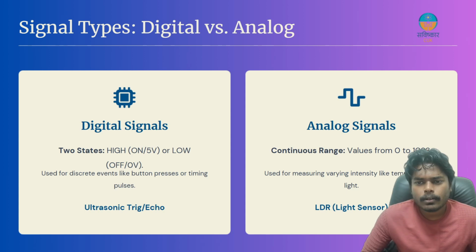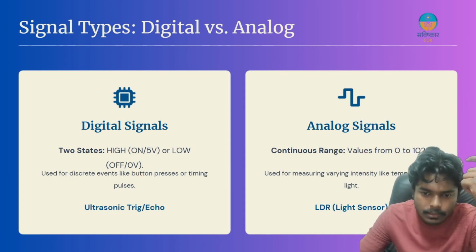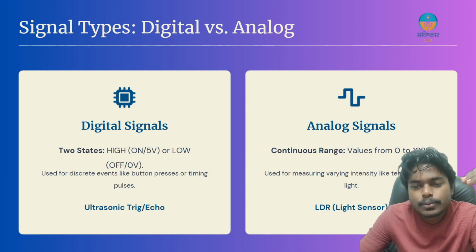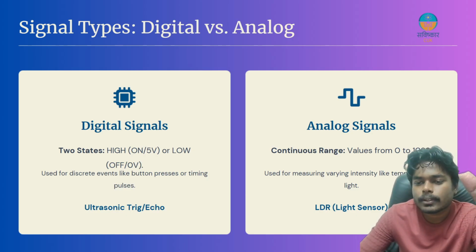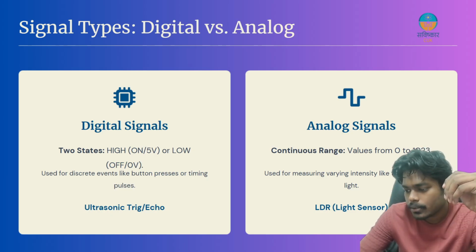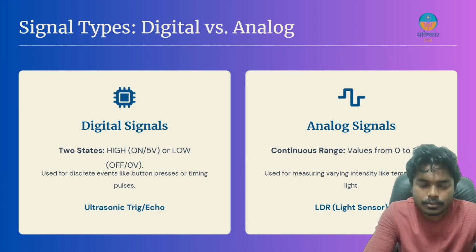And then if we talk about analog signal, then the LDR sensor which we are having, the light dependent resistor, is used to measure the varying intensity of light, all right, or temperature you can say. So just understanding the value of light, the change of light, it gives you the output, right?